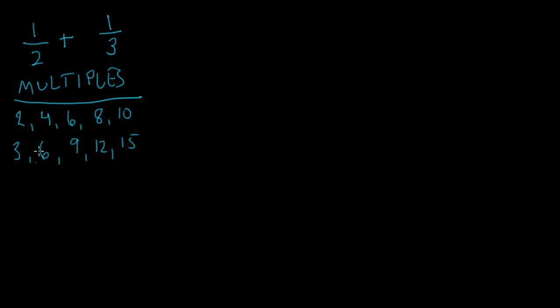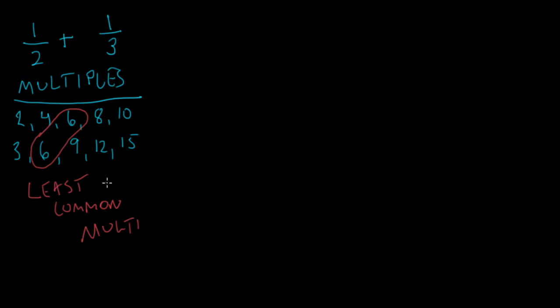What you're looking for in order to find the least common multiple is the number that they have in common that's the smallest. So 6 is what they have in common. Again, let's think about that phrase, least common multiple.